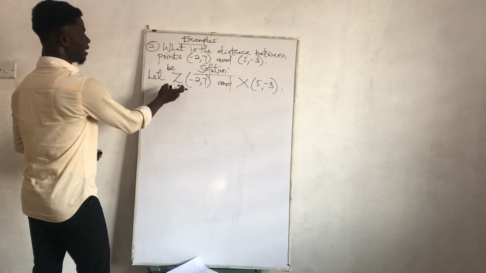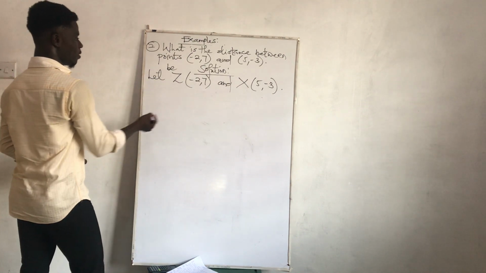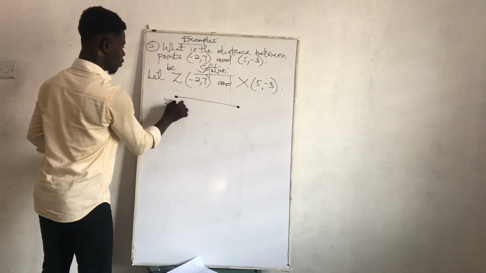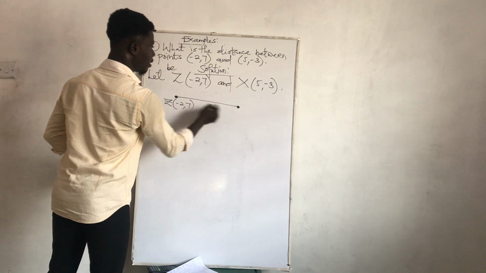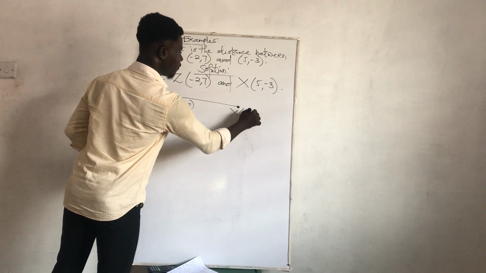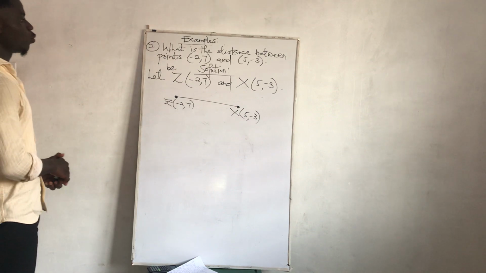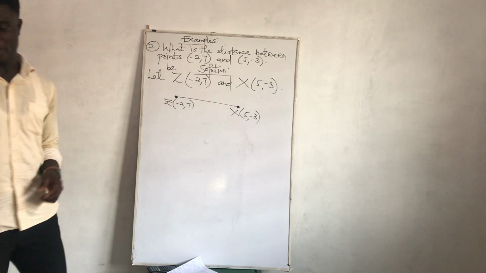So we are finding the distance between Z and X. So I have Z here -2, 7, then X 5, -3. So what will be the distance? Watch very carefully.